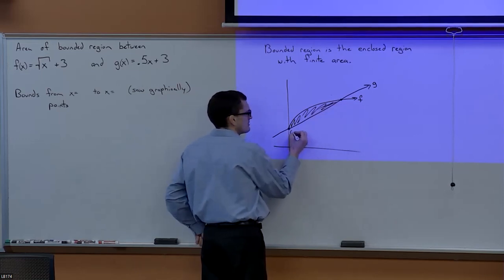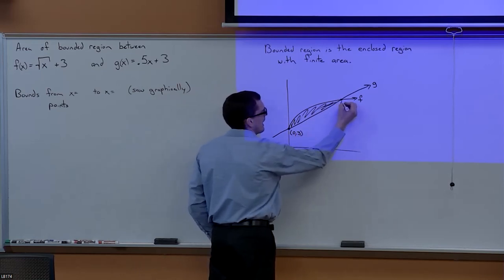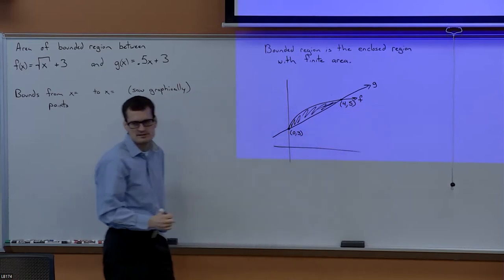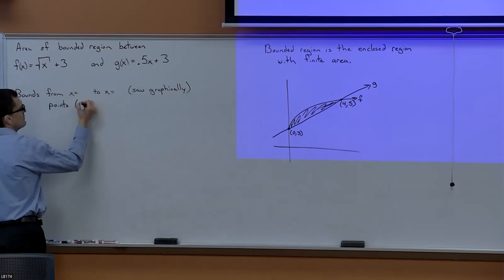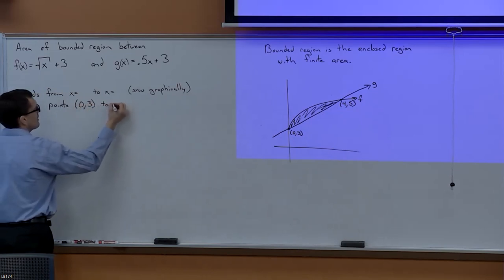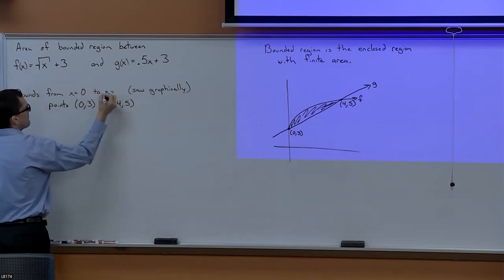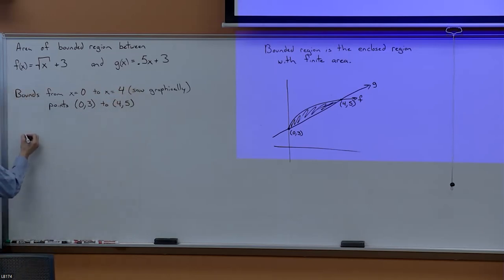It starts at the point 0, 3 and it ends at the point 4, 5. So it's going from the point 0, 3 all the way to 4, 5. And that means when I integrate, my x bounds are going to be from 0 to 4.